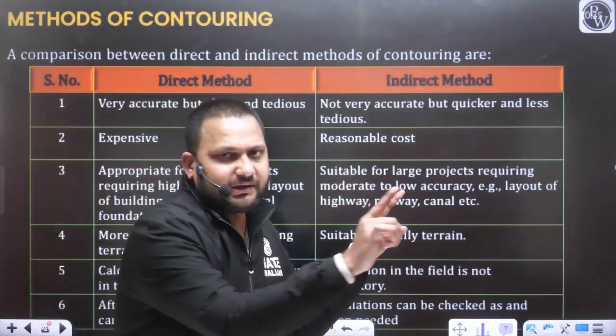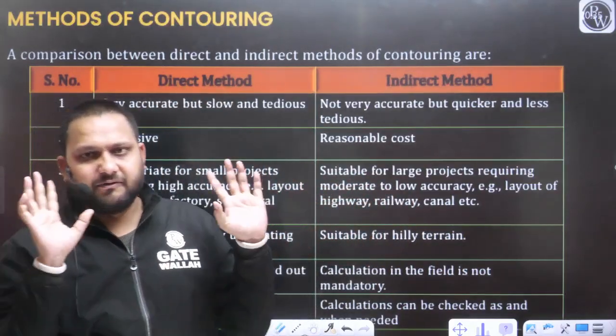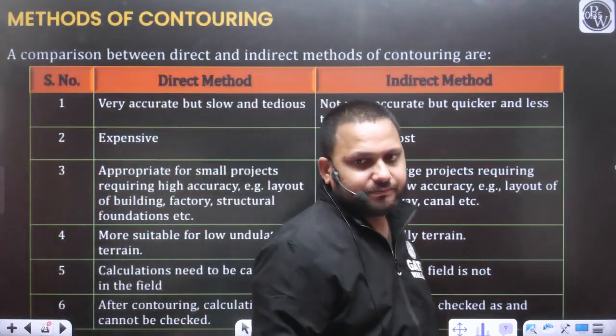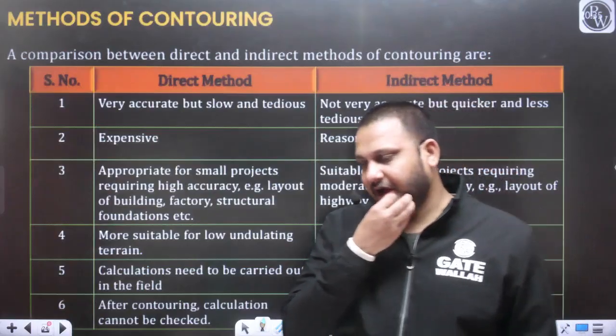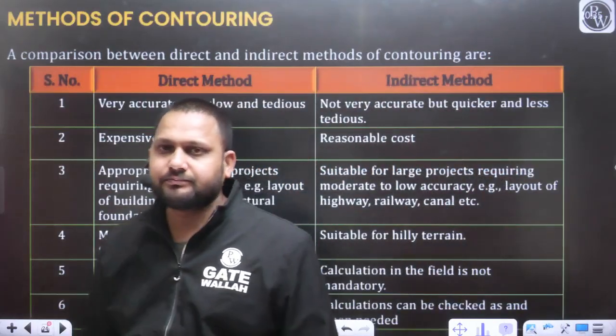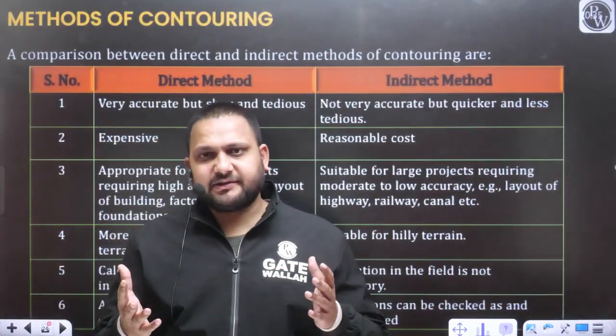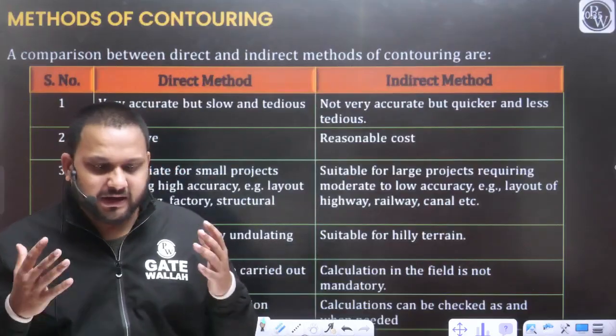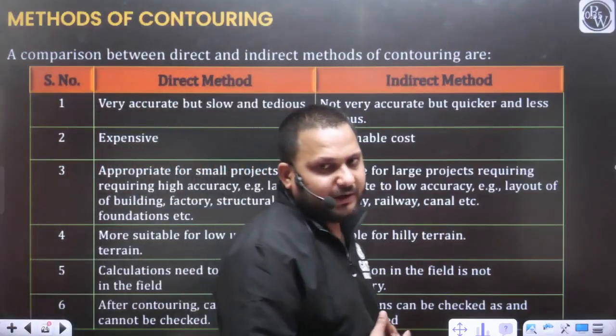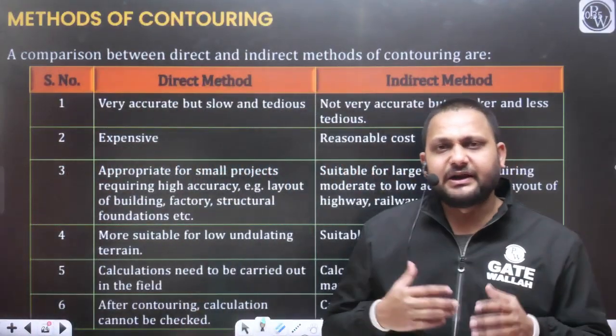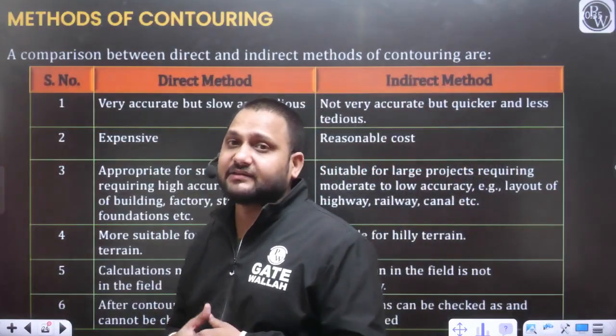When I connect all those points, I will get the contour of 5 meter. So this is the direct measurement. In the field itself, I have located all the points and then prepared the contour. In the case of the indirect method, we can use some techniques like interpolation.